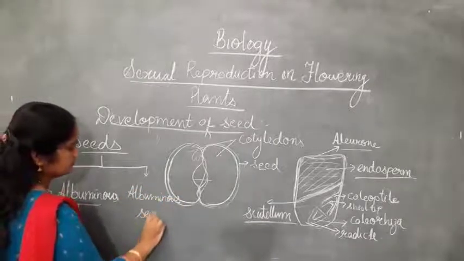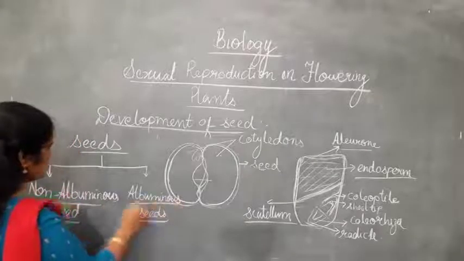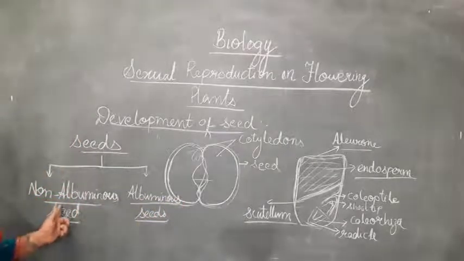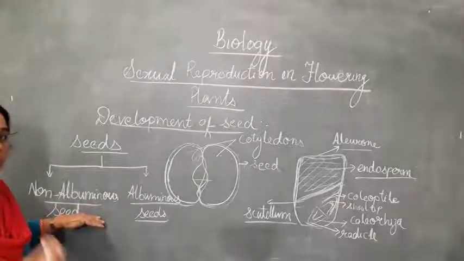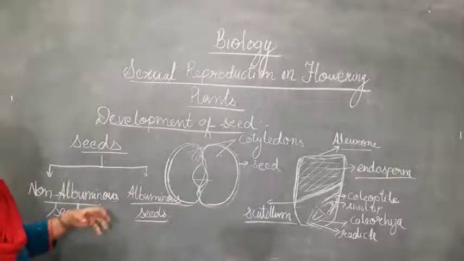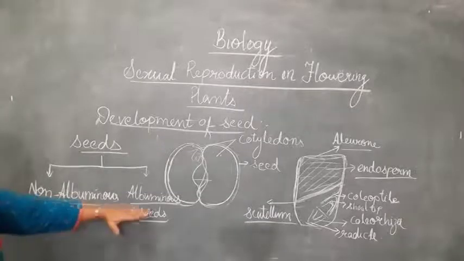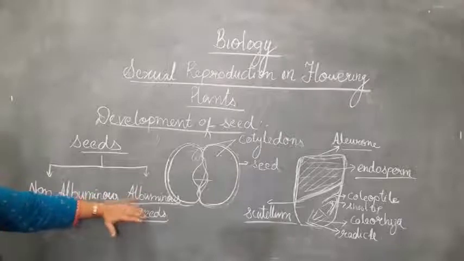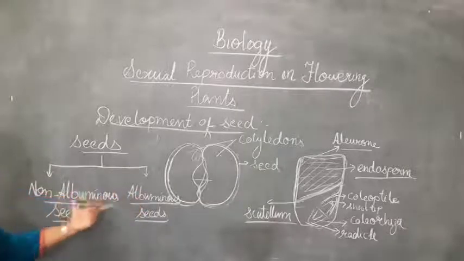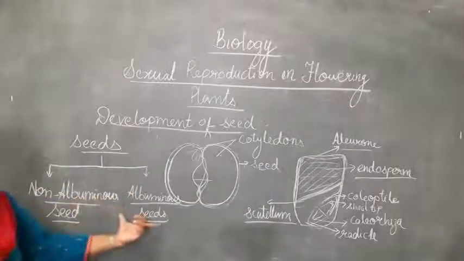In non-albuminous seeds like the dicots, the endosperm will not be left, it will be completely consumed, and it won't be retained after the development of the embryo. But in albuminous seeds like maize and all, the endosperm is retained and present. So that's how we can classify non-albuminous and albuminous seeds.